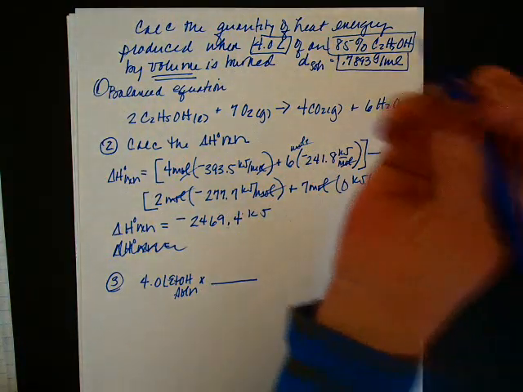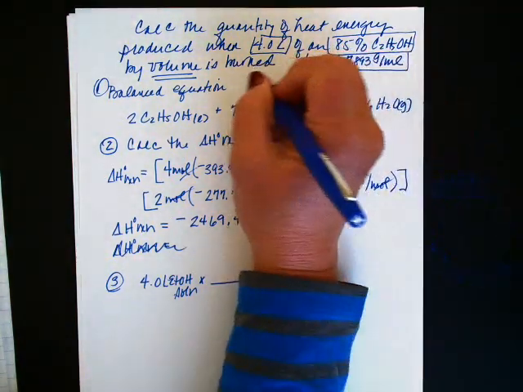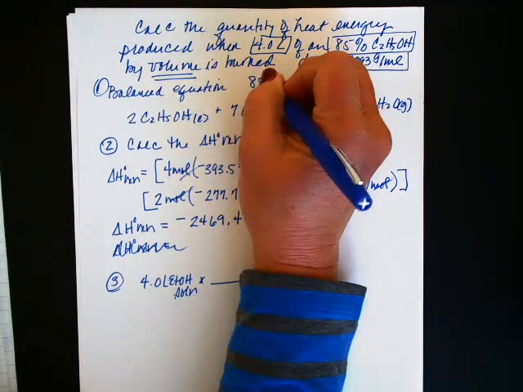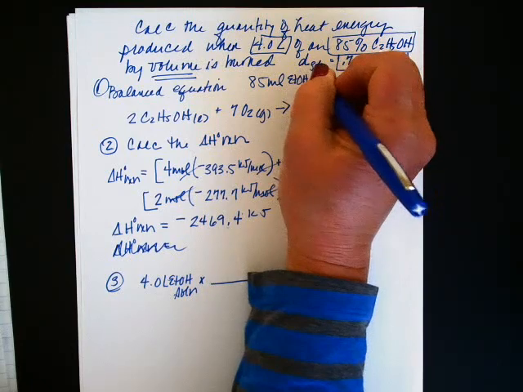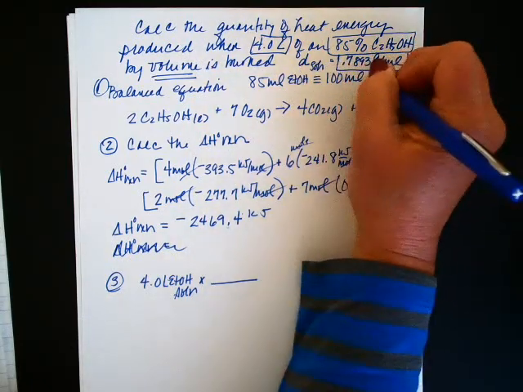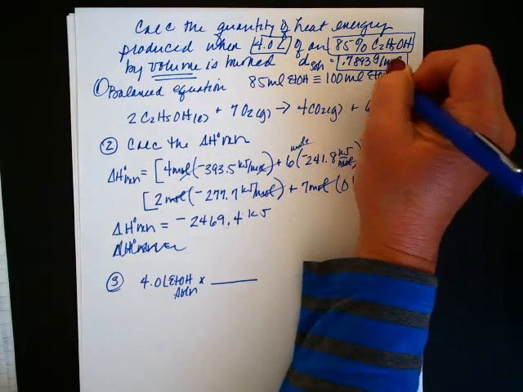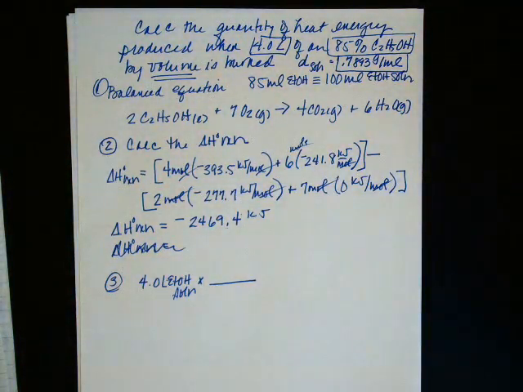That just tells me that 85 mL of ethanol are equivalent to 100 mL of EtOH solution. If it were mass percent, it would be 85 grams per 100 grams of solution.